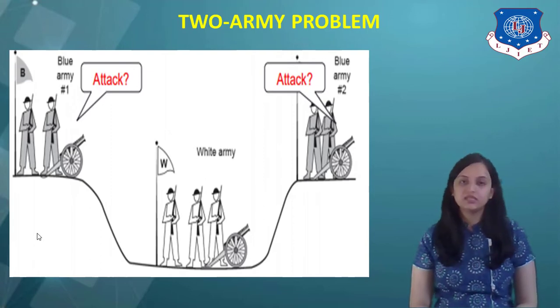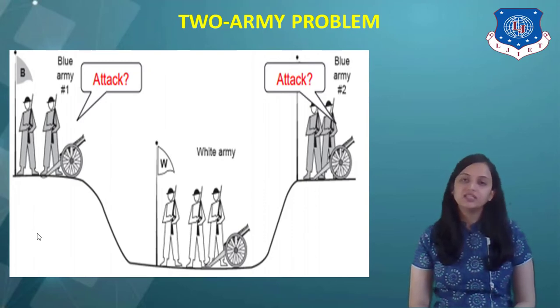Now here what happens is, if blue army 1 asks for the attack, let's say for example at 9 AM, and they send this message to blue army 2. If blue army 2 is ready to attack at 9 AM, it will send the acknowledgement back to blue army 1 that yes, we are ready to attack at this time, and if they receive this correctly, they can attack and win.